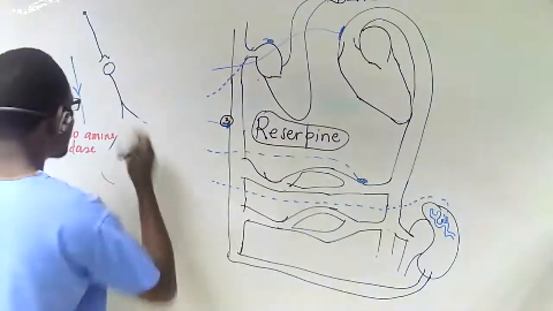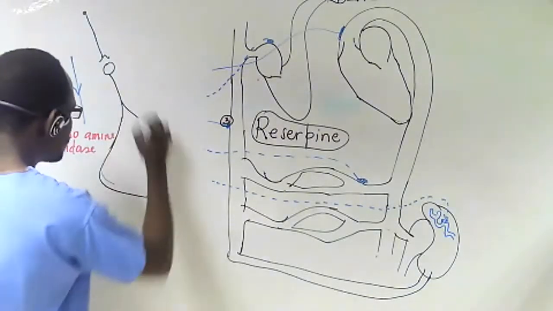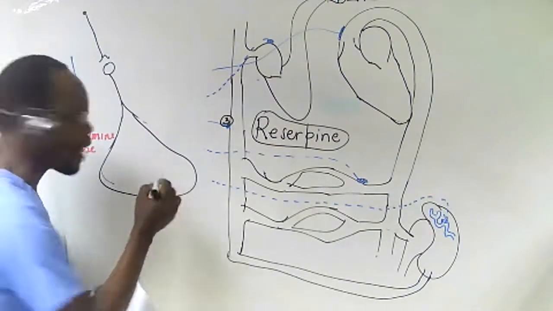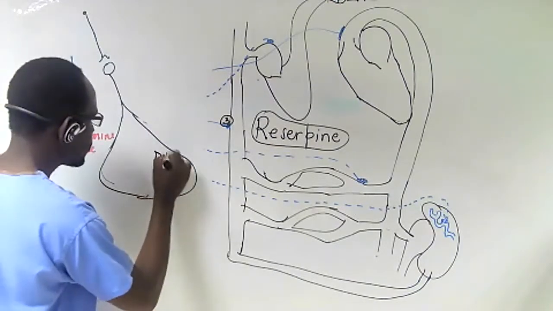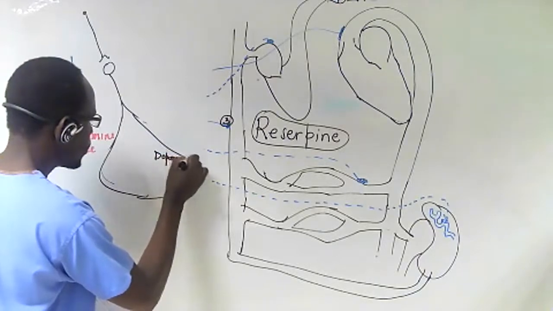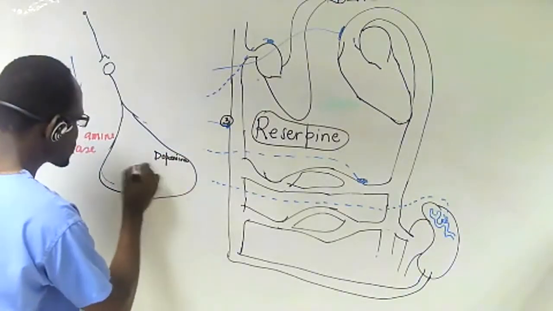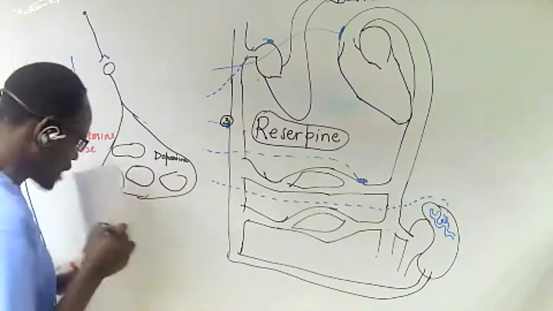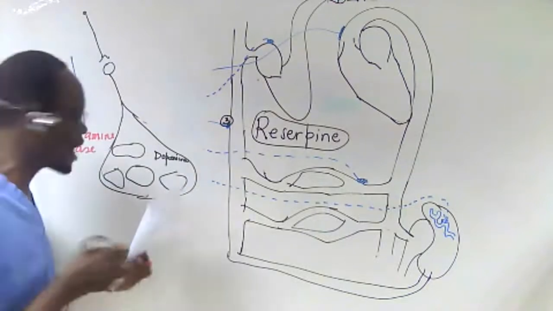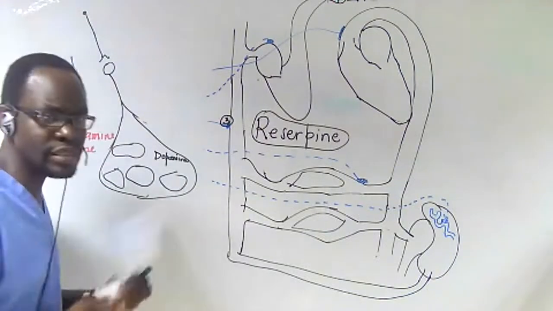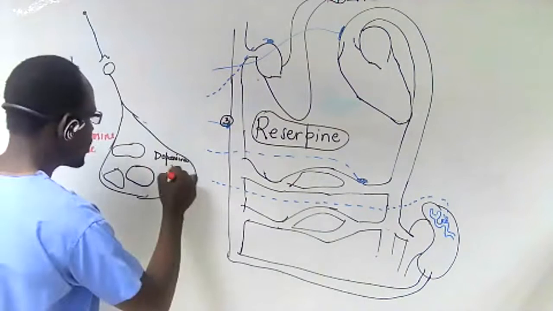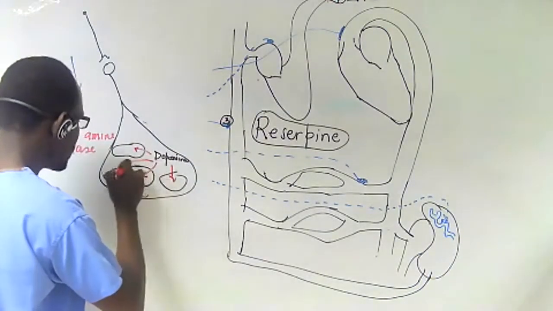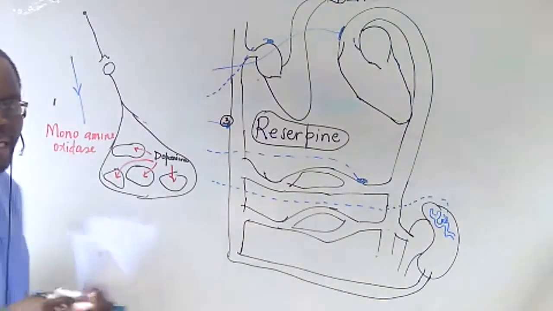What actually happens is that at the point where dopamine is being pumped into the vesicles, remember those monoamine transport mechanisms basically transport the dopamine into the vesicles, ready to be converted into norepinephrine.